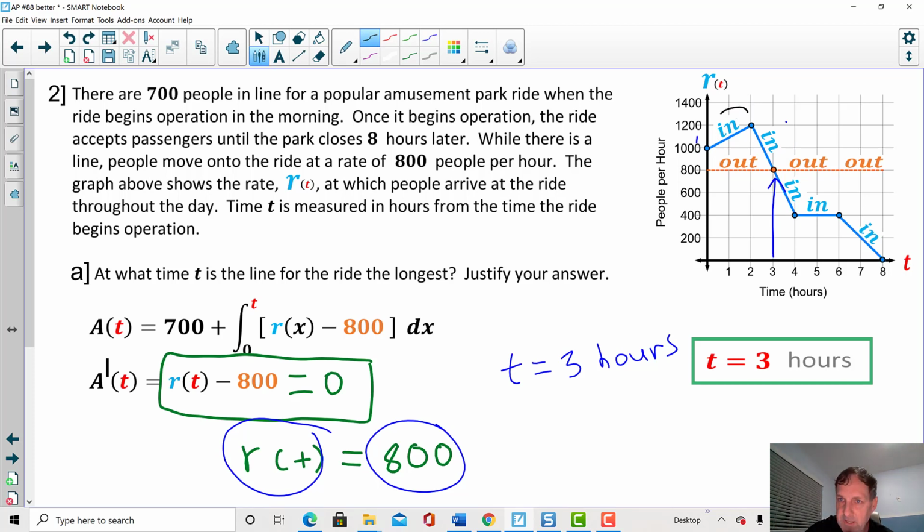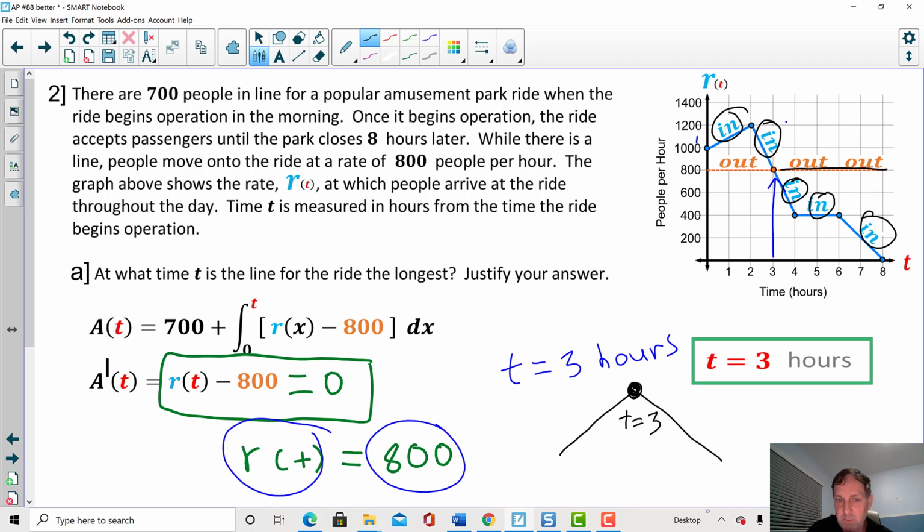So if there are more people getting in line, then that means the amount is going to be increasing until that time. So we know our amount function is going to be increasing until t equals 3. Then you can see afterwards there are more people getting out compared to the amount of people getting in. So then that means the amount function would be decreasing afterwards, and you can clearly see that we would have a max at that time.